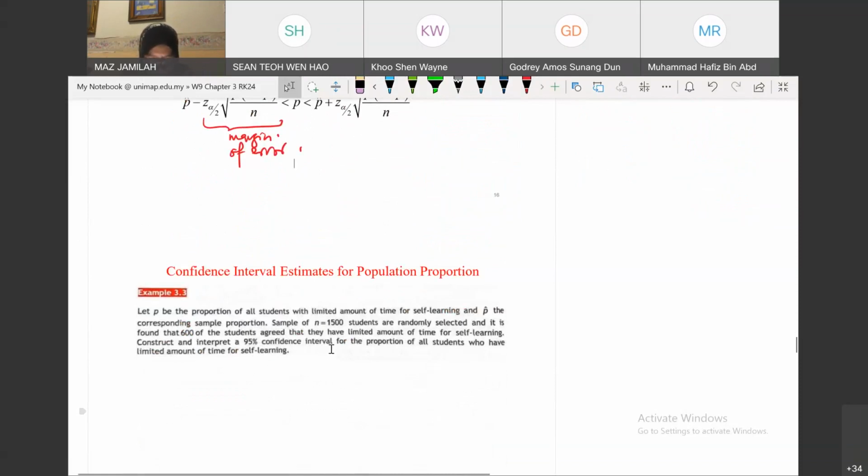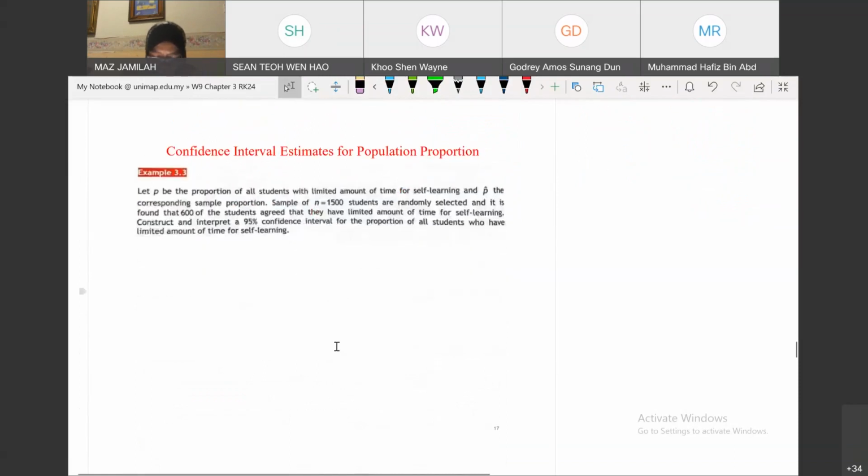A sample of n = 1,500 students are randomly selected, and it is found that 600 of the students agreed that they have limited amount of time for self-learning. So this is your hint for your x. Given your sample size is 1,500, it is found that 600. So this is what we are referring to as x.